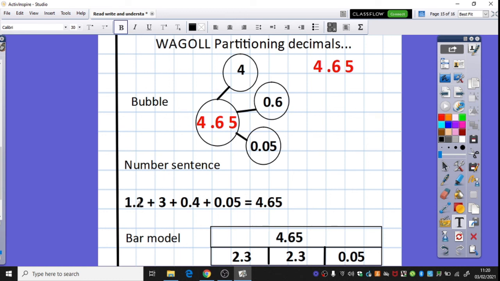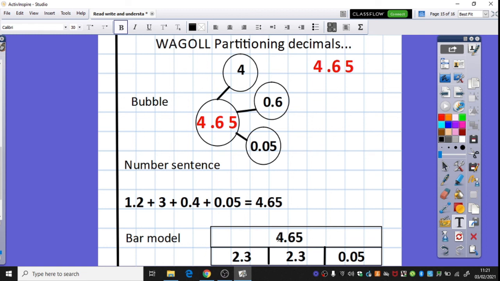So I've got 1.2 plus 3, that would give me 4.2, plus 0.4 would give me 4.6, and again plus 0.05 equals 4.65. You don't need to break your numbers up in that much sort of complexity, but you can do if you'd like a challenge.